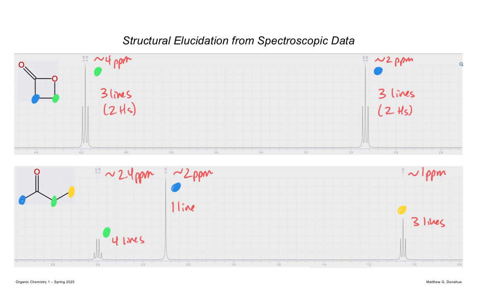Based on the electronegativity argument, we've made assignments for the ketone: blue, green, and yellow. The yellow signal has 3 hydrogens, the blue signal also has 3 hydrogens, and the green has 2 hydrogens.